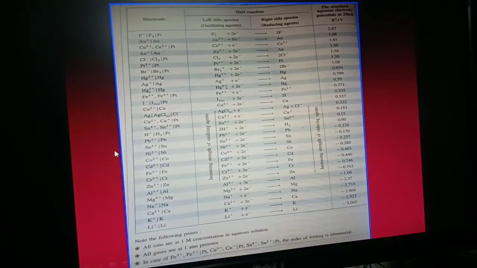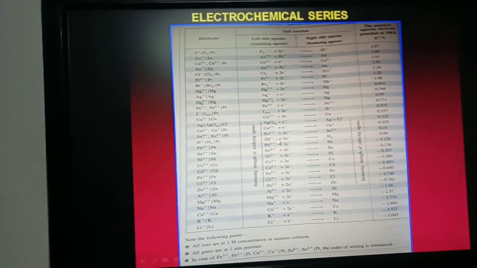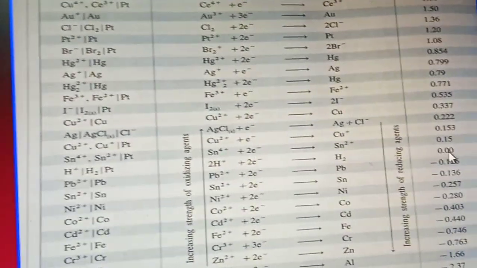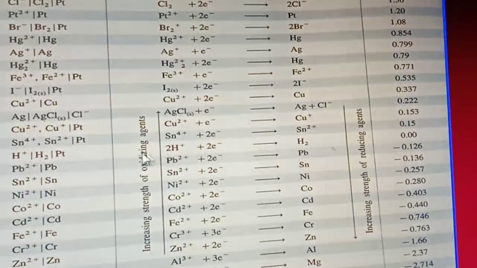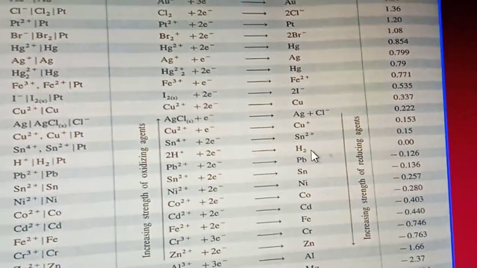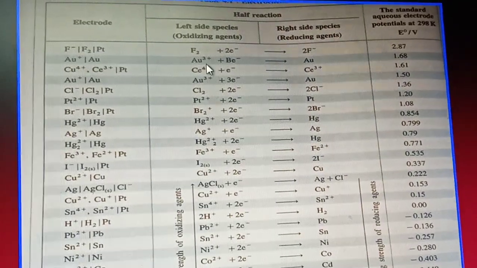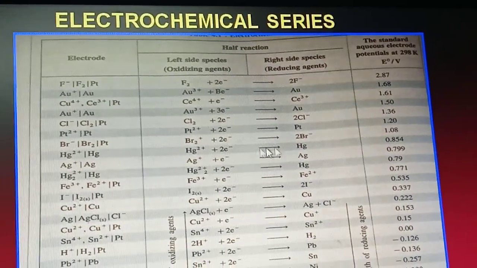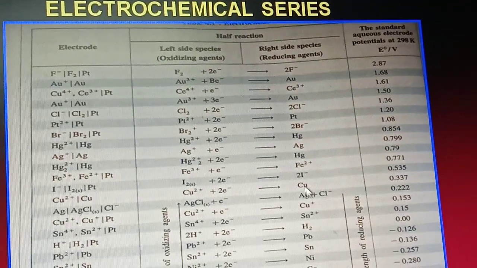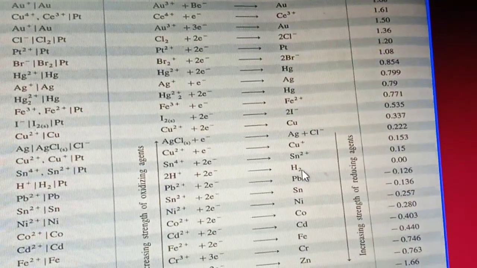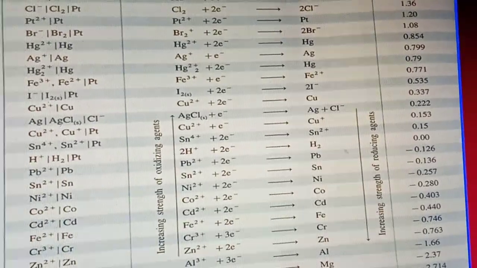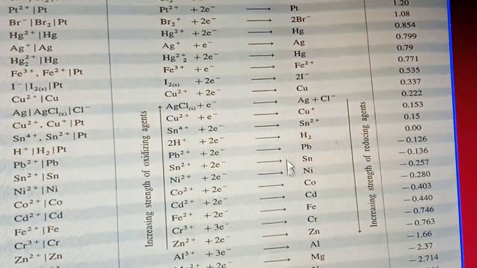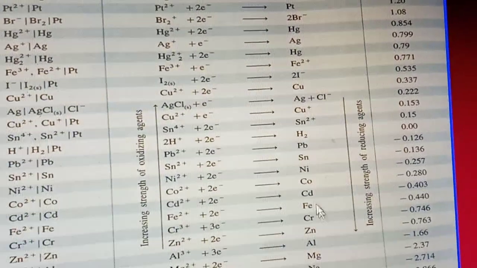Again, let us see the chart. We find as the electrode potential of hydrogen is always 0, it is placed in the center. Above it, the elements placed are strong oxidizing agents, and below this standard hydrogen electrode, the elements that have been placed are strong reducing agents.